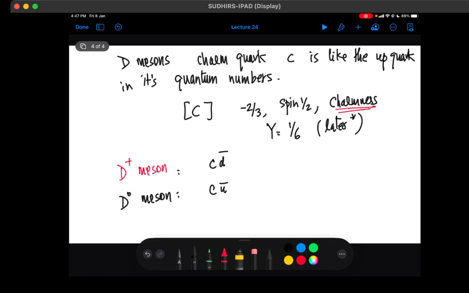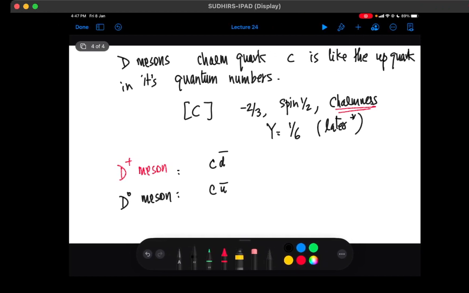If you remember, we discussed the C quark when we discussed the J/psi meson. The discovery of the J/psi led to the discovery of the charm quark.